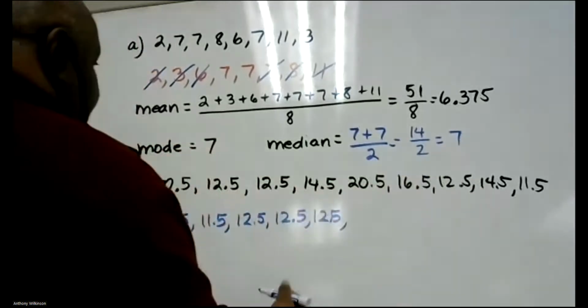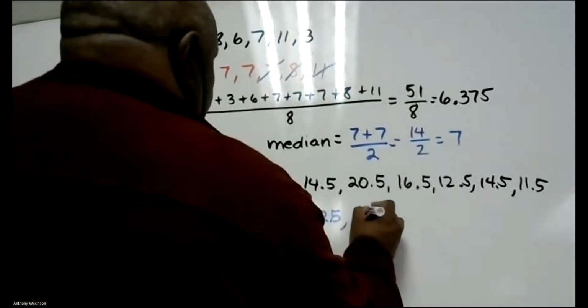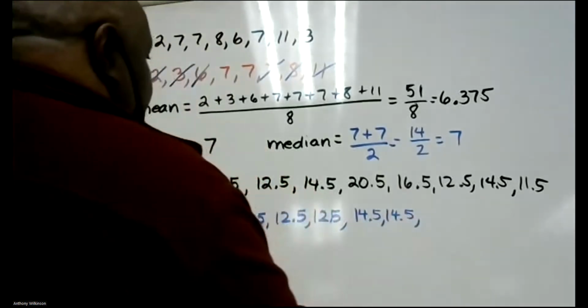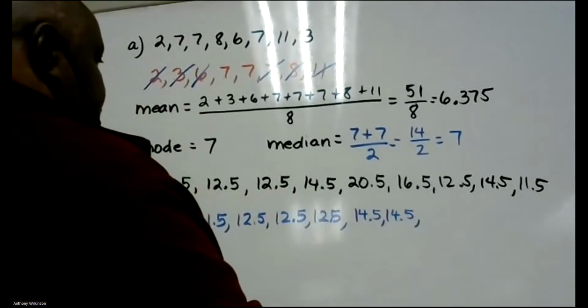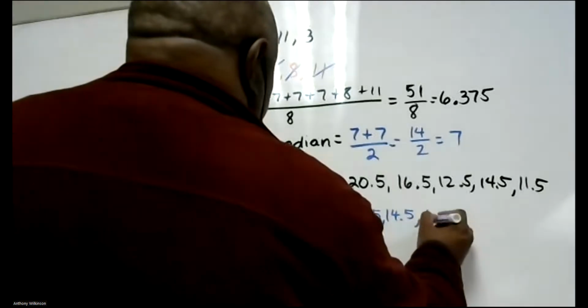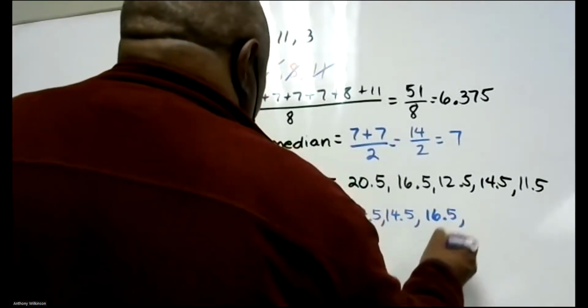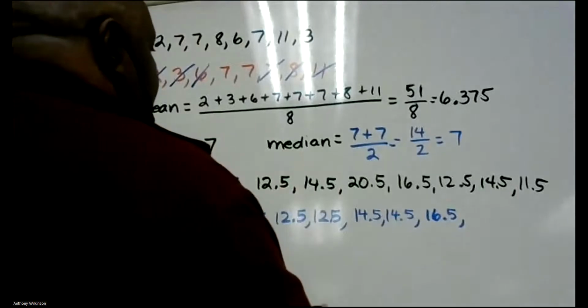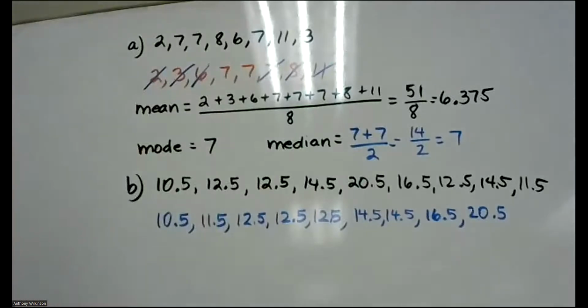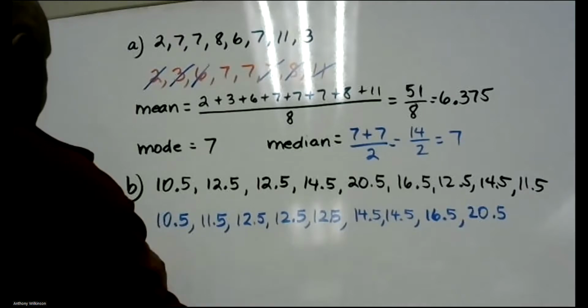A couple of 14.5s. Let's see, 16.5, and 20.5. So I should still have 9 data values here. Yeah. All right, so let's first find the mean.